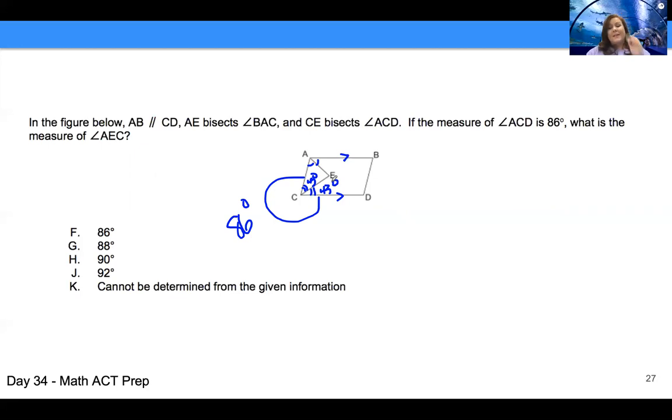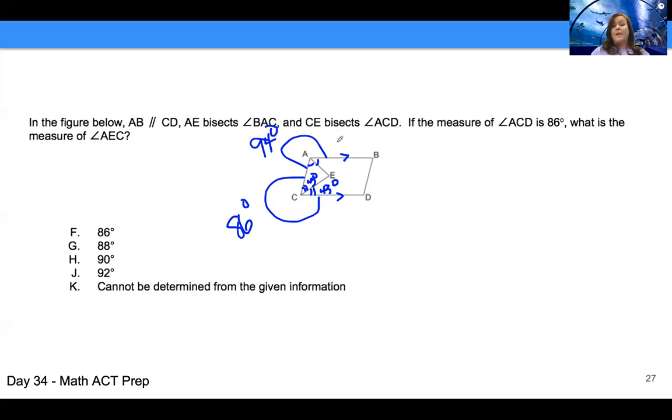Now I'm sitting here going, where do I go? Remember, we have parallel lines. So if this angle is 86 degrees, this angle, CAB, will be supplementary to it. So 180 minus 86 is going to give us what? 94 degrees.